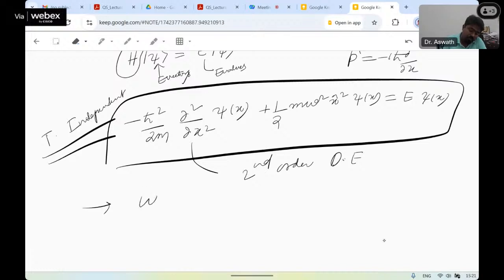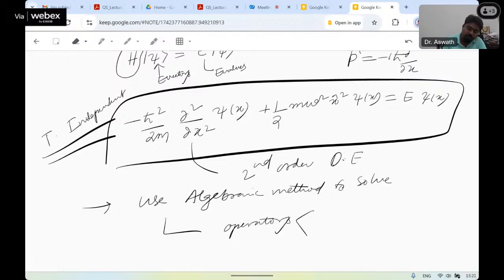Use algebraic method to solve, which involves something called operators, annihilation, we will come to what is annihilation, and creation operators, which is represented as a dagger operators.